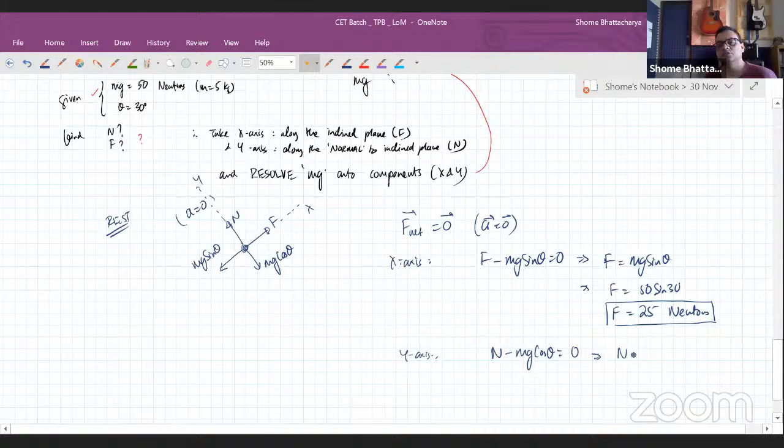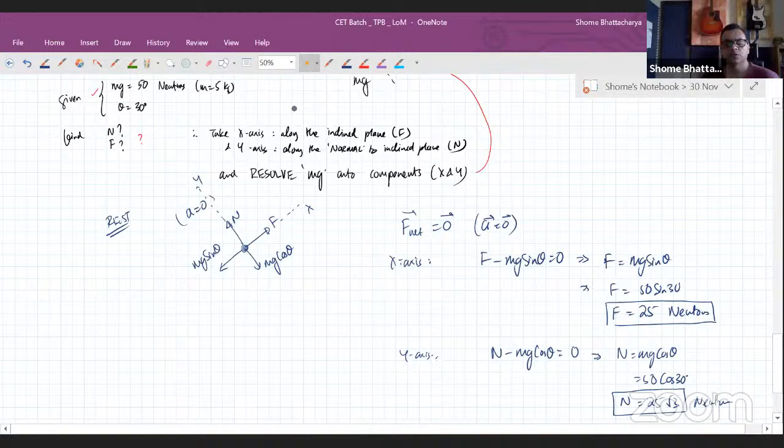That means N should be equal to mg cos theta. So 50 cos 30 degrees. So 25 root 3 newtons. This should be the magnitude of the normal reaction. Okay, so just note down this result, people, and then we'll come to the second part of the question.